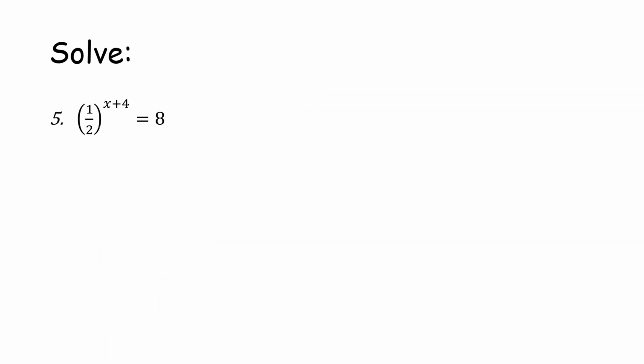So if you have something like this, how do I go about it? Remember, I just told you now that b raised to power minus 1 can be written as what? 1 over b, right? Now, so let's go. 1 over 2 can also be written as 2 raised to power minus 1. So if I put it in the bracket and I then say x plus 4 equals 8.